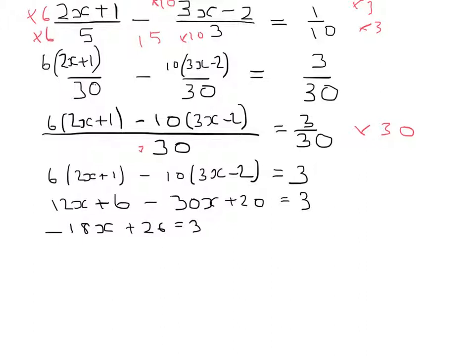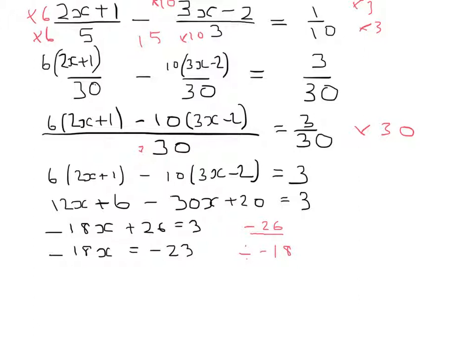If I now subtract 26 from both sides, we will have minus 18x equals minus 23. And now we'll divide both sides by minus 18 so that we can isolate x and get him on his own.